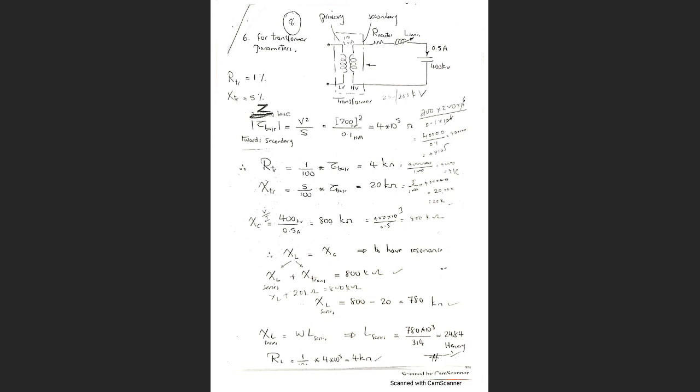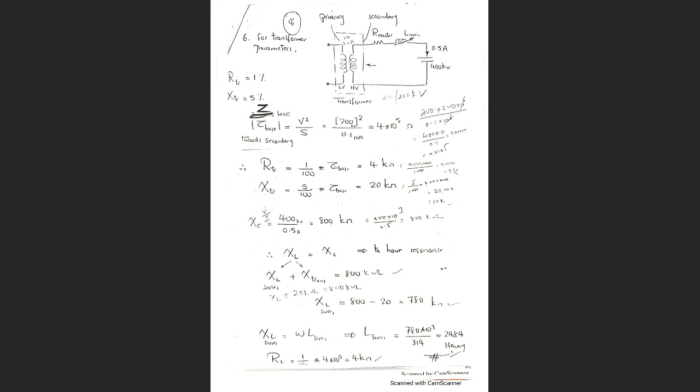The voltage is given as 200 kilovolts, so take 10 power 3 here also, square it, and take the transformer capacity in MVA as 10 power 6. Or without squaring, directly you can take 200 square by 0.1. You will get 4 into 10 power 5 ohms.